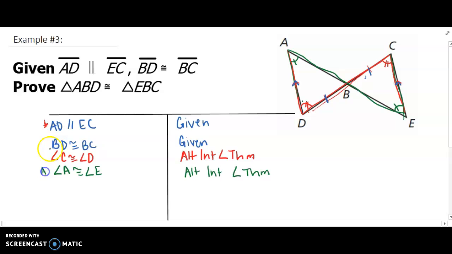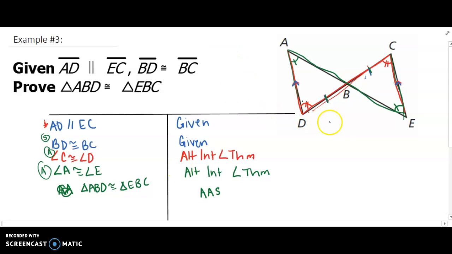I have an angle here and an angle here. I have a side here. So I have two angles and a side, which is all I need. So now I need to ask myself, is this side between the two angles? No, it is not. So it would be the angle angle side theorem, and I could say triangle ABD is congruent to triangle EBC.